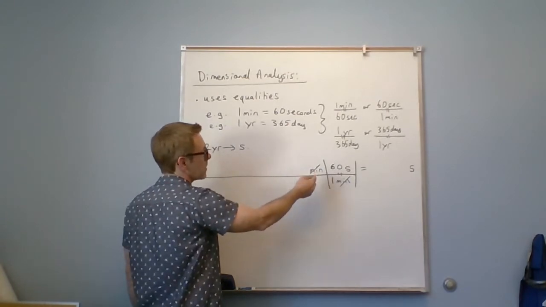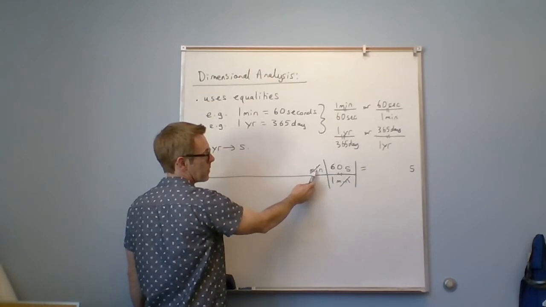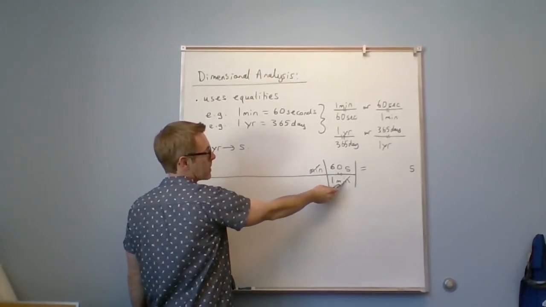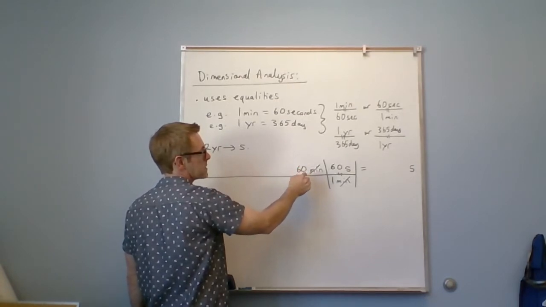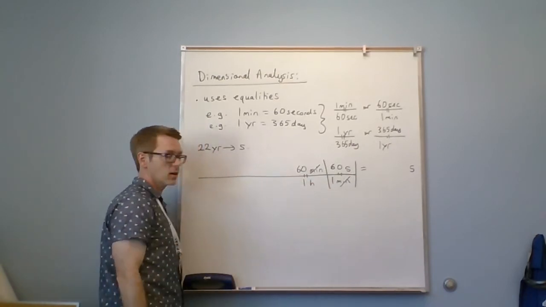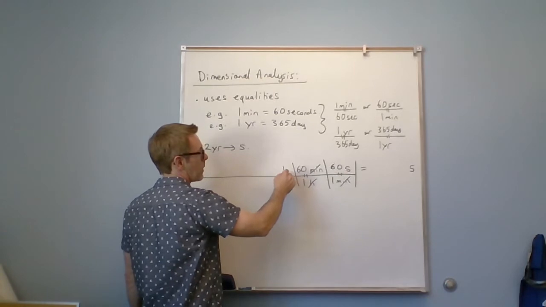Now I can use another equality, and it's seeded. I know to look for minutes now. So whichever variable goes here as well. I know that there are 60 minutes in 1 hour. H is the symbol for hour. So I know to put hour up here.